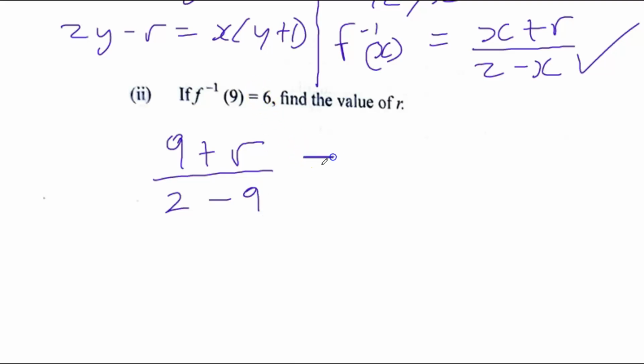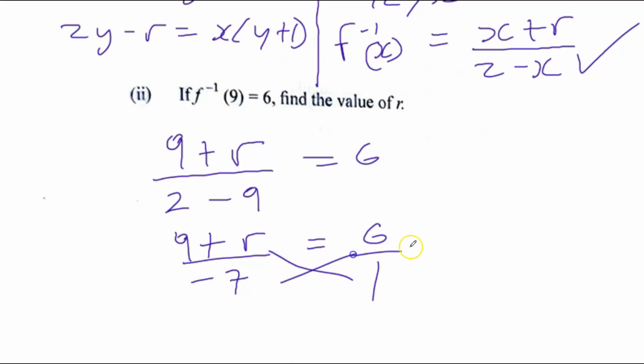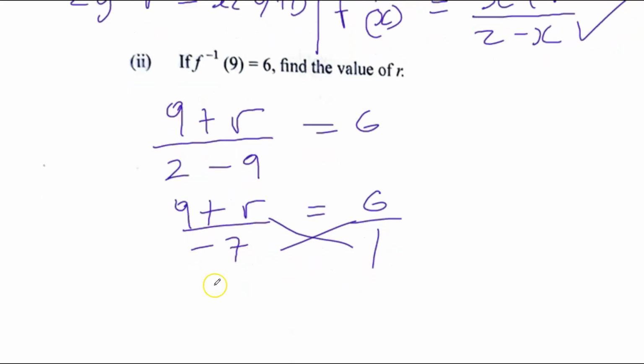And we're told it's equal to 6. So we have 9 plus r over, what's 2 minus 9? Negative 7, is equal to 6. So we can put the 6 over 1. Cross multiply like that. Or we simply multiply both sides by minus 7.